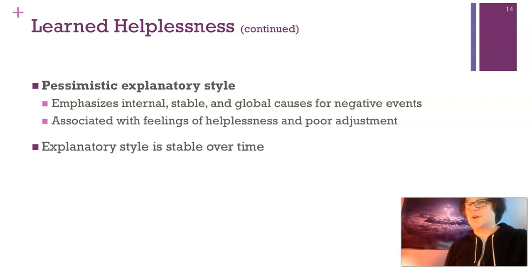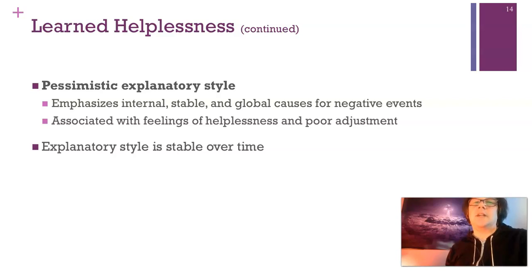People who have this style will tend to make internal attributions about why things are going badly, typically about themselves. So it's something about me that is causing this, and not something about my environment.